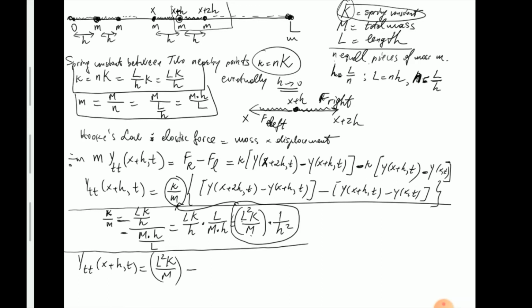Divided by, on the top we have y of x plus 2h comma t minus y of x plus h comma t, and then minus y of x plus h comma t minus y of x, t, over h squared.